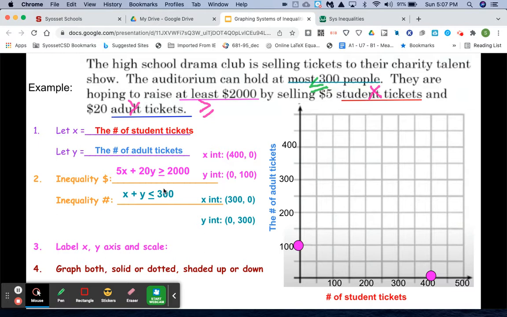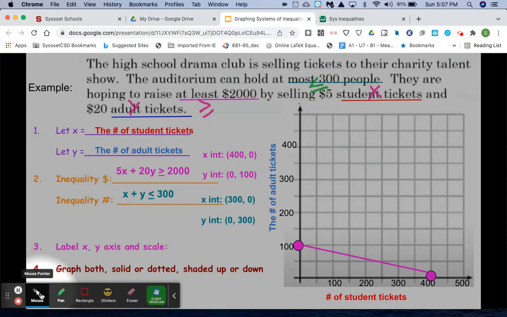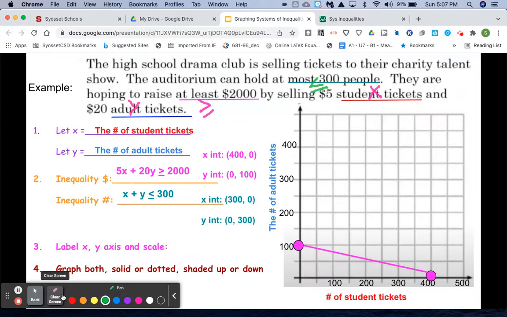Now, I know it's a solid line because of the greater than or equal to. So it's inclusive. So when I connect these 2 points, the x and y intercept, I'm going to connect them with a solid line.